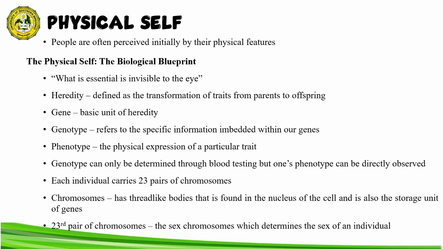This phenomenon can be explained through genotype and phenotype. Genotype refers to the specific information embedded within our genes, while phenotype is the physical expression of a particular trait. So when a child gets a genotype examination, it can be seen that the child also inherited the father's genes. Genotype can only be determined through blood testing, but one's phenotype can be directly observed.